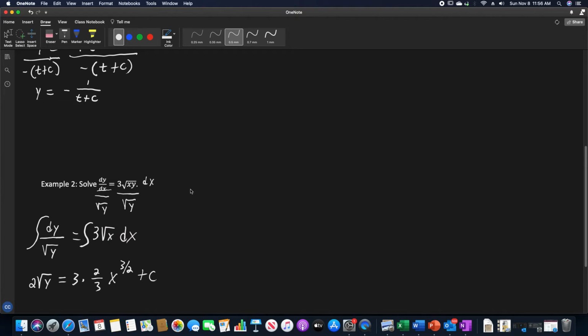And just to slightly rewrite that so it's a little bit nicer to see, this is 2 times the square root of y is equal to 2x to the 3/2 plus c. And we could further divide by 2 since we have a 2 on both sides. Oh, and I should probably note before continuing, this 3 is technically multiplied by this entire thing.